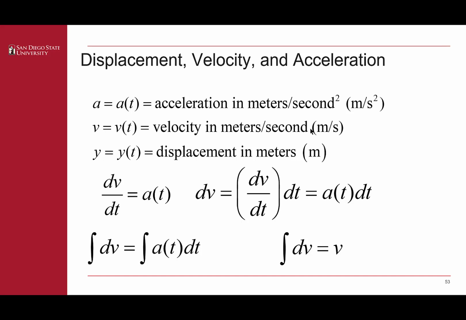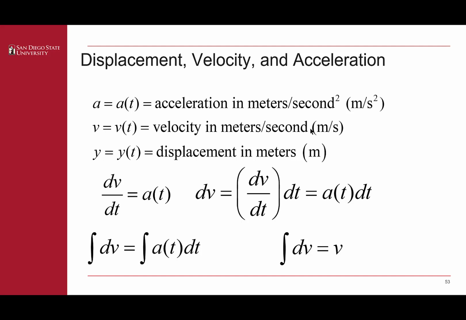So a equals a of t, which is acceleration in meters per second squared. Likewise, the velocity v can also be written as a function of t because it changes in time, or at least it may change in time. v of t is velocity in meters per second, and y is the displacement in meters, and it's of course another function of time because if there is a velocity, then y will definitely change in time, and we have already seen this and have proven this in the first half of this presentation.